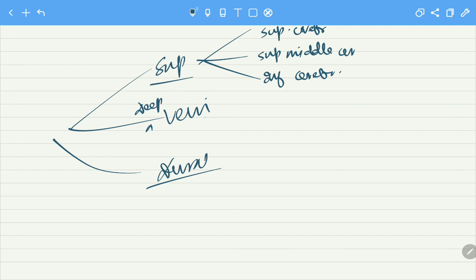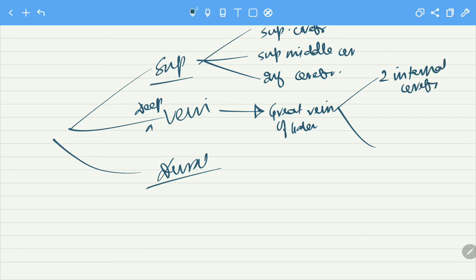The deep veins are the most important. The deep vein is the great vein of Galen, which is formed by two main pairs of veins. One is the pair of internal cerebral veins and the other is a pair of basal veins of Rosenthal.